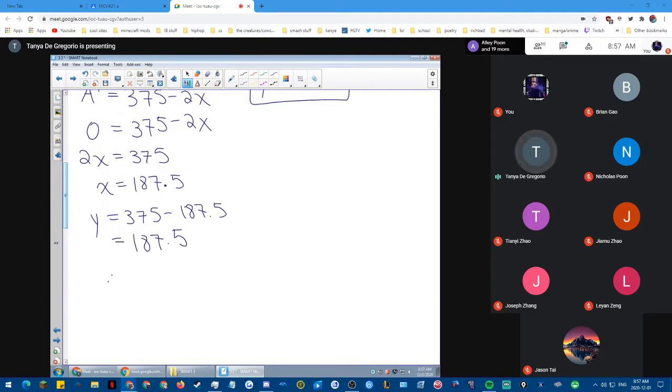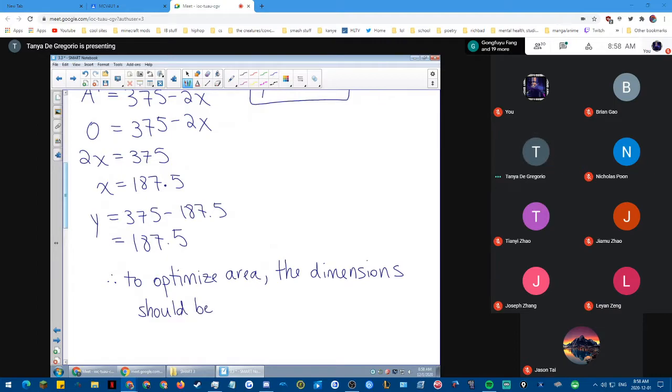So therefore, to optimize area, the dimensions should be 187.5 meters by 187.5.